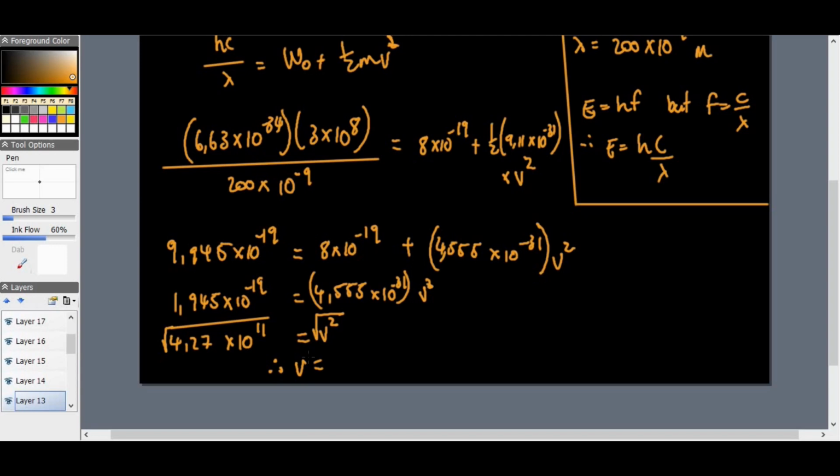I'll get, if I have to scientific notate it, 6,53 times 10 to the power of 5 meters per second. And if I just enter it, the calculator's answer doesn't give me this answer.